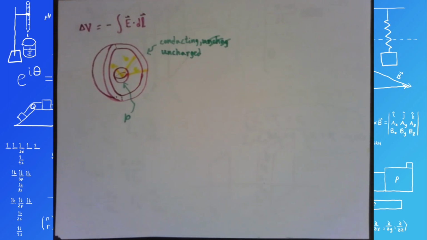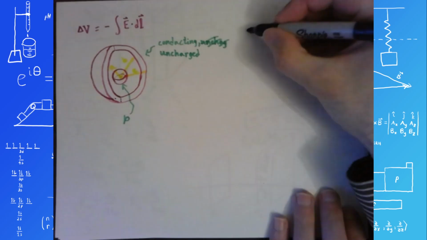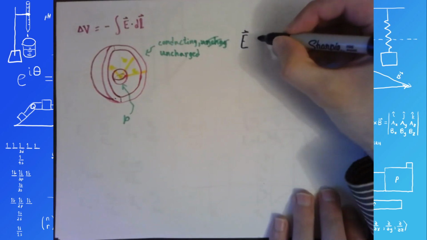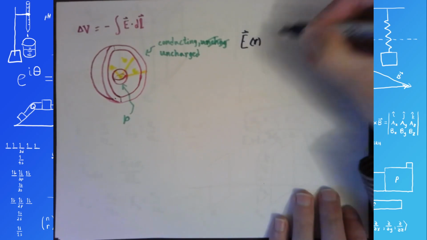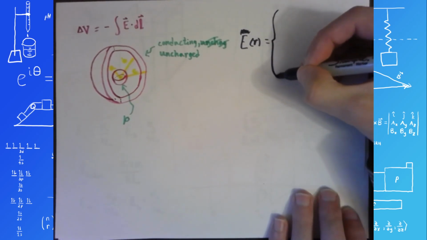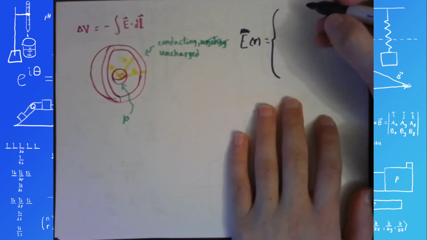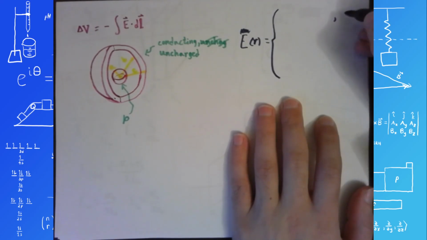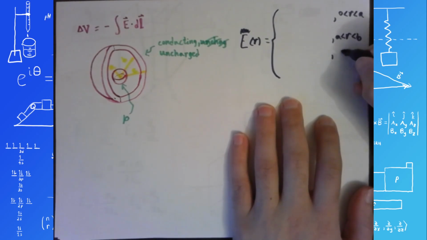All right. Regions of interest are... actually, I don't need the arrowhead, just the magnitude of the electric field as a function of r, for r between 0 and a, r between a and b, r between b and c, and r greater than c.